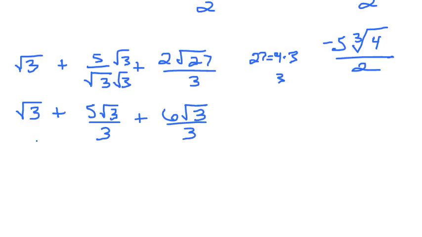That's going to put a 3 out here and then a 3 down below. You know what? Since these are all like terms, we just add them. So we got 9 and 5 is 14 square roots of 3, and that's all over 3.